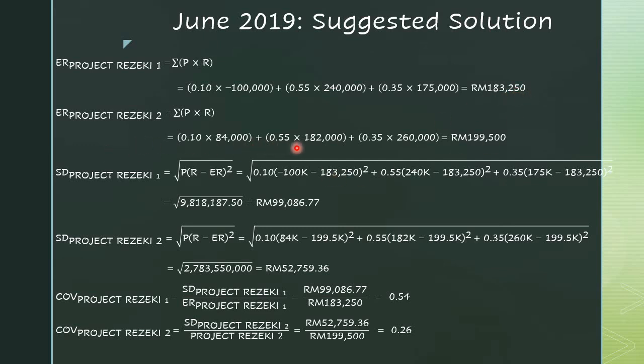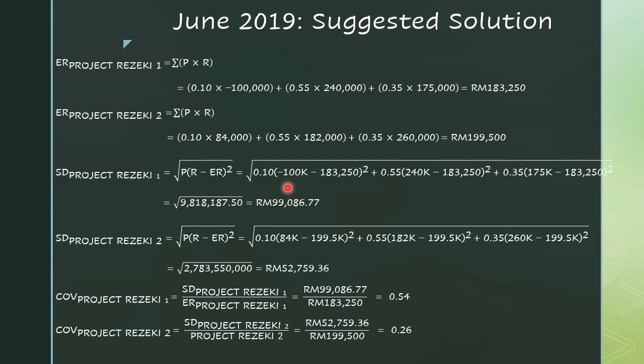The same goes for Project Rezeki 2, 199,500. When you want to calculate the standard deviation, please do not be confused by the zeros. I know you tend to calculate as 100 minus 183.25, or you want to leave it at 100. So please be careful when you key in the figures in your calculator.